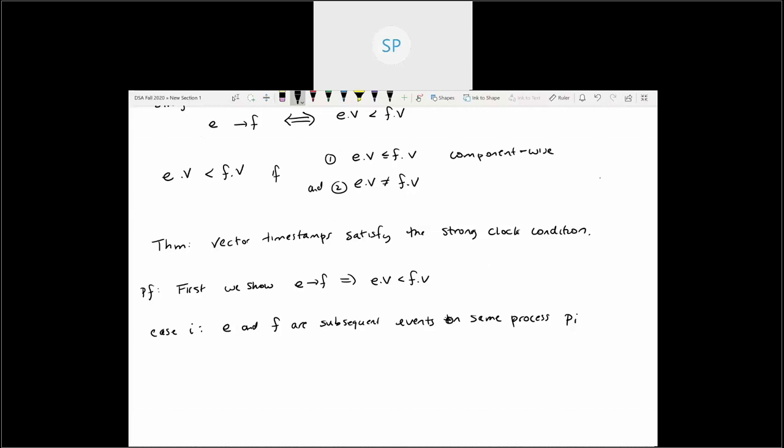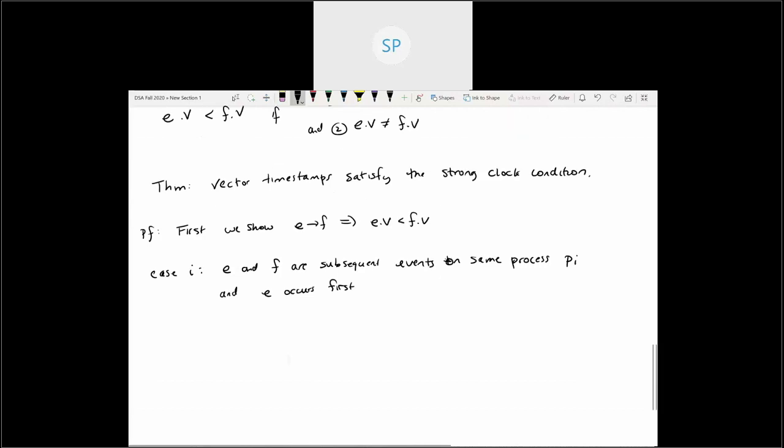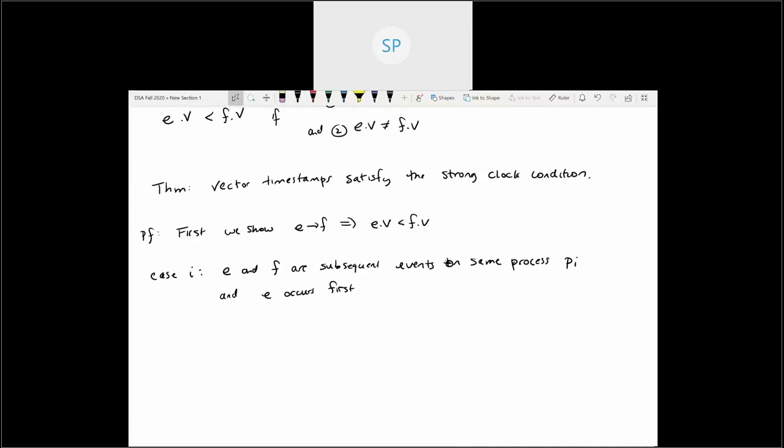And we're going to say E occurs first. So we want to show that if this happens, then the timestamp of E is strictly less than the timestamp of F.